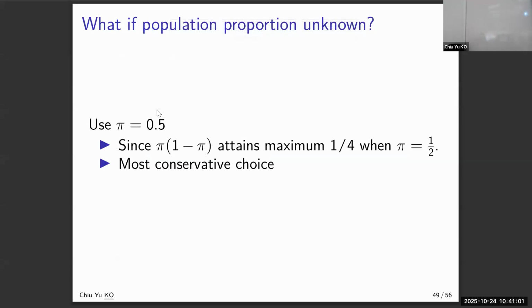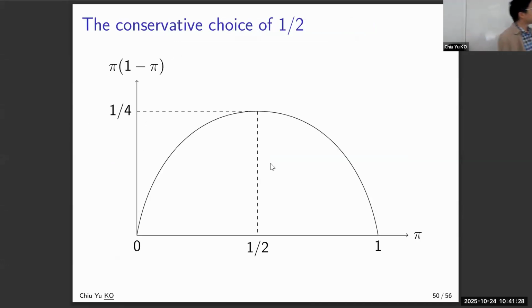The worst case scenario turned out to be half. Remember, when we talked about the Bernoulli, the worst case scenario in terms of variance is 1/2. So that's why pi times 1 minus pi maximum is a quarter. Why? Look at the graph here. I prepared it for you.